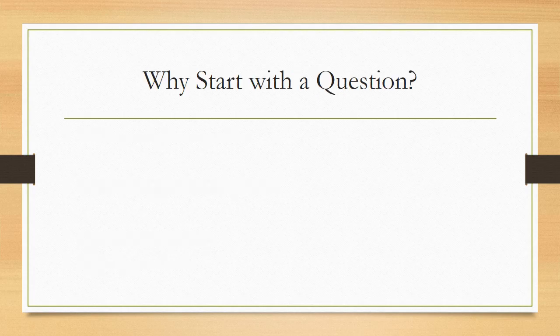So I said a little bit about why start with a question, but let's explore that idea further. This has to do with the importance of objectivity in persuasive writing. We've all seen some fake news, if not in lesson 4 then before. We talked in SIFT about stop.